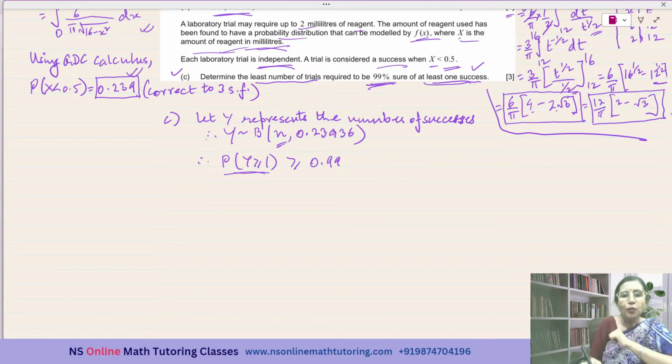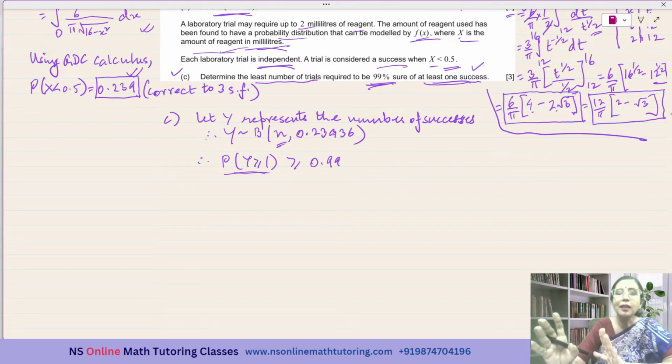Okay. So whenever you have at least one success, you have to think about what conditions are left out. Because we can have one success, 2 successes, 3 successes, or multiple successes, the only condition that we are not taking is not having any success. That is the only condition getting left out.